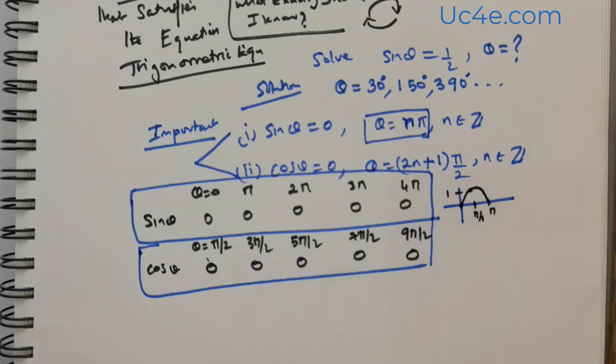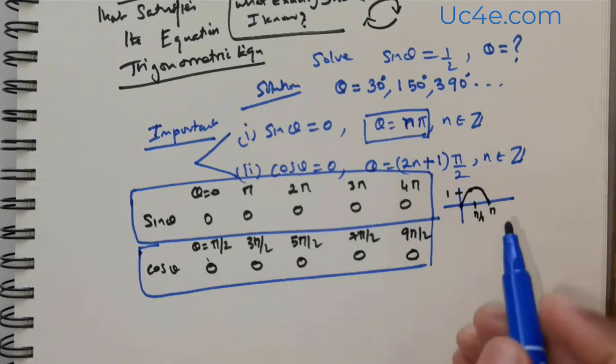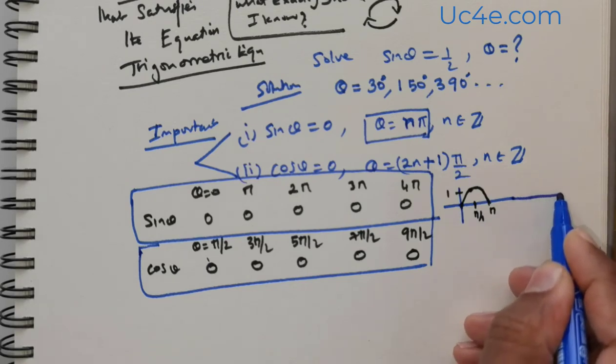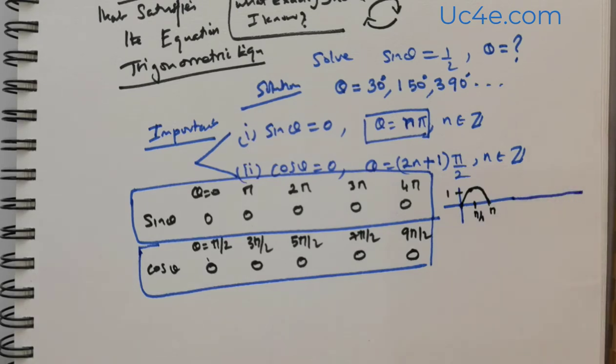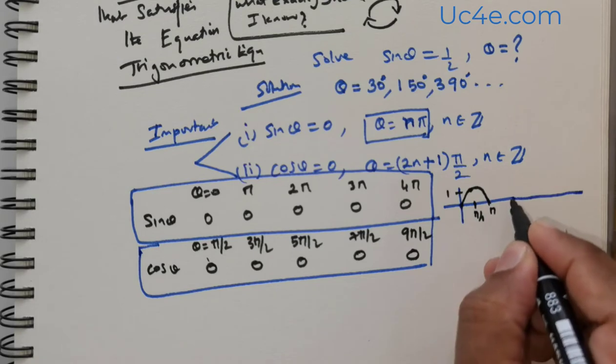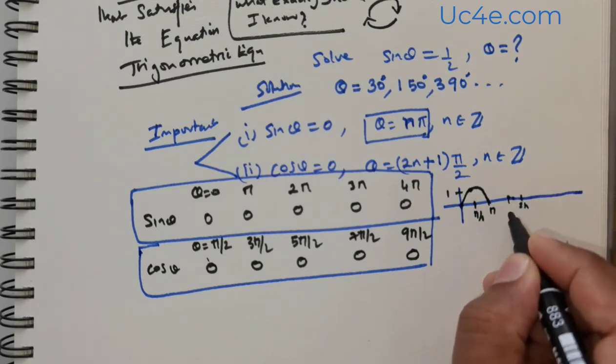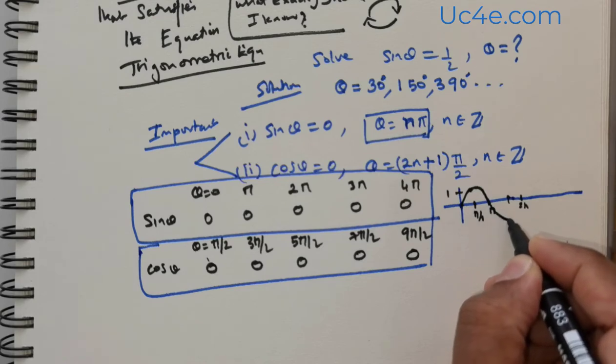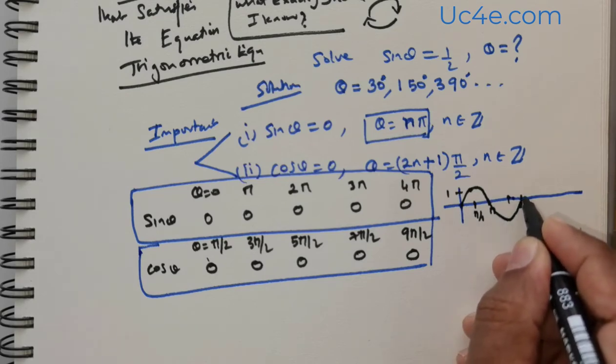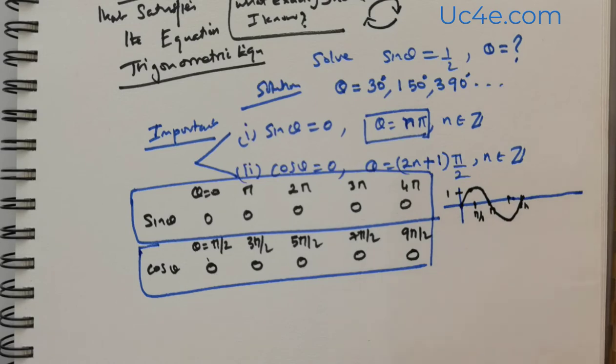Of course, if I were to stretch the graph, it goes like this, and subsequently at 2 pi the graph goes down and then rises up, and exactly at 2 pi it will hit the point 0.